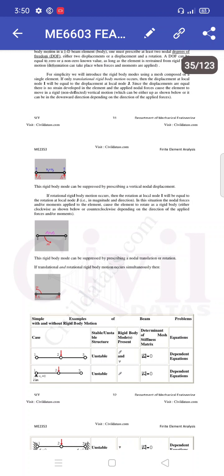If rotational rigid body motion occurs, then the rotation at local node i will be equal to the rotation at local node j, that is, in magnitude and direction. In this situation, the total nodal forces and or moments applied to the element cause the element to rotate as a rigid body, either clockwise as shown below or counterclockwise depending on the direction of the applied forces and or moments.